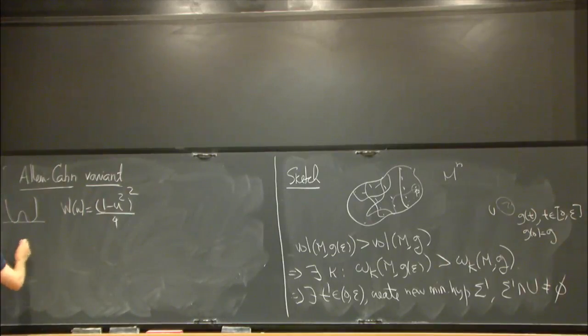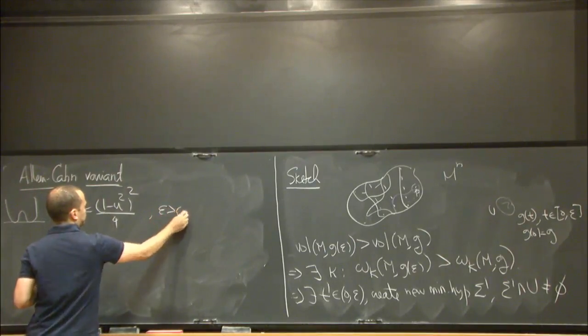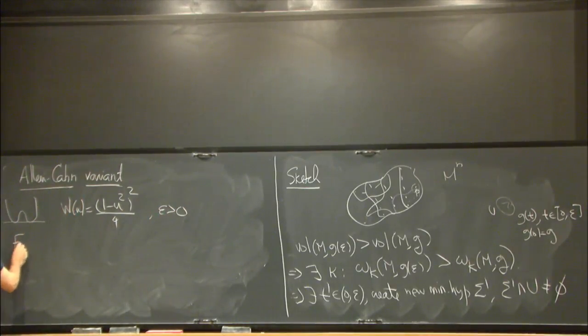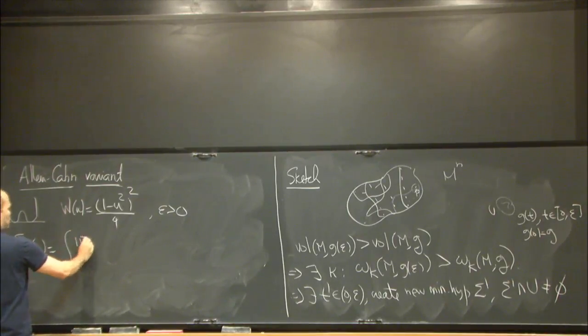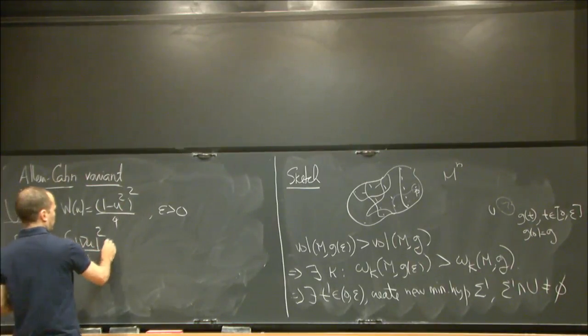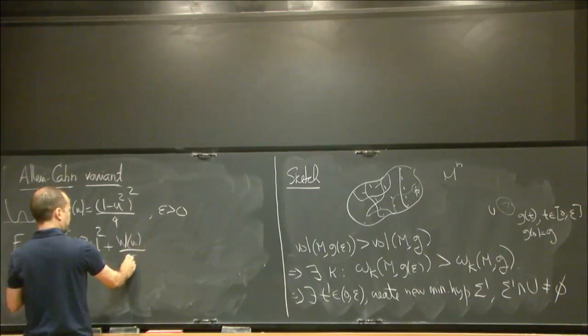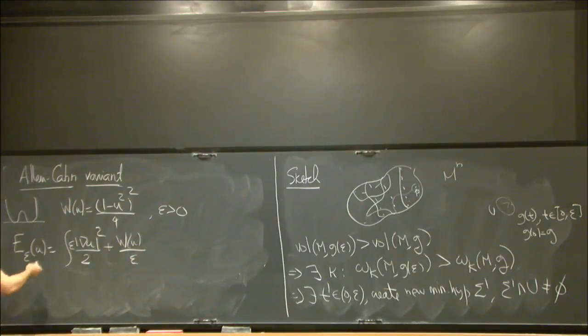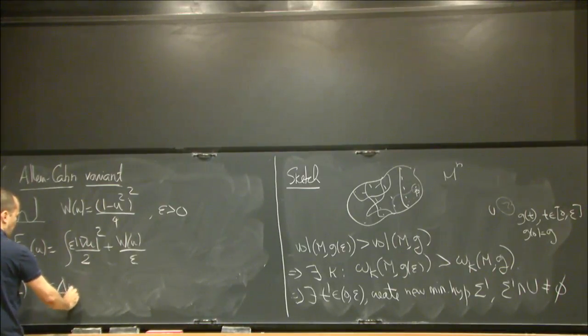Then you have a parameter epsilon, and you have an energy which looks like this. Then you look at critical points of this, and you get some Euler-Lagrange equation, which I think looks like this.